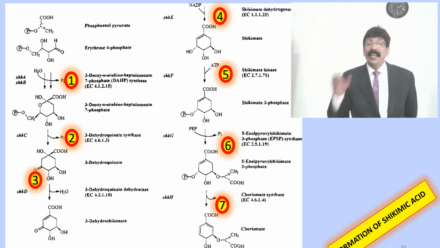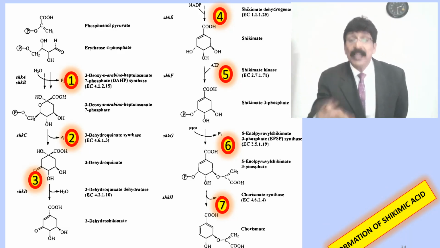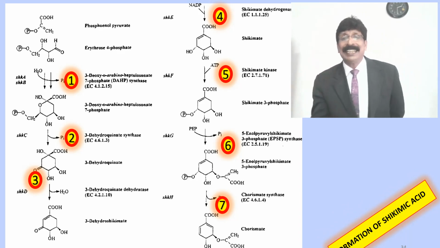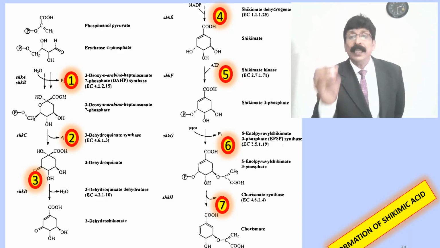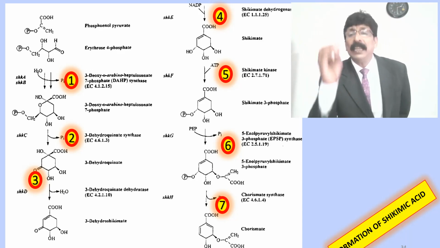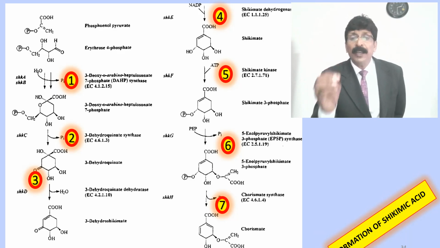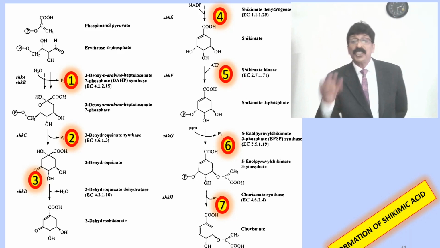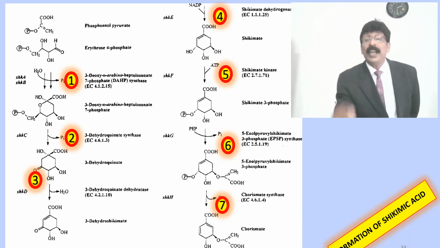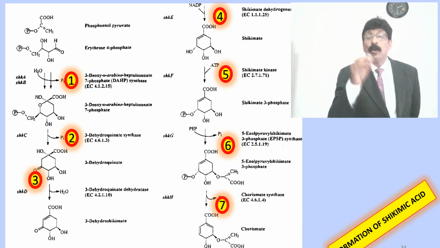And this is again the 7th enzyme, chorismate synthetase, which will give an additional double bond in the enol pyruvyl shikimate 3-phosphate by means of giving the chorismate structure. So 5-enol pyruvyl shikimate 3-phosphate is converted to chorismate by means of the 7th enzyme chorismate synthetase.